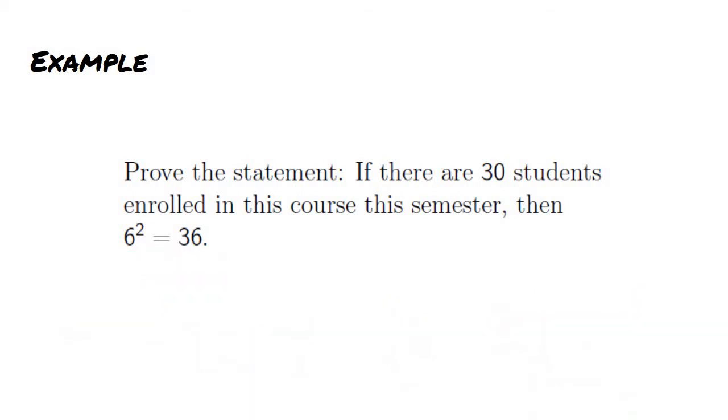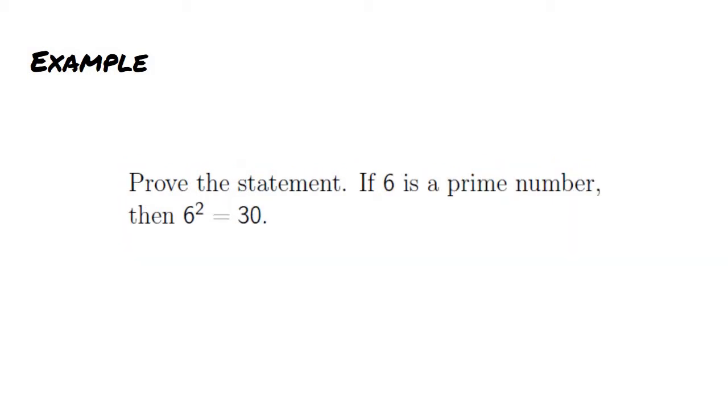In the next example, we have, say, prove the statement: if 6 is a prime number, then 6 squared is equal to 30. These statements are both mathematical, but is 6 a prime number? We know that this is already false. 6 is not a prime number.